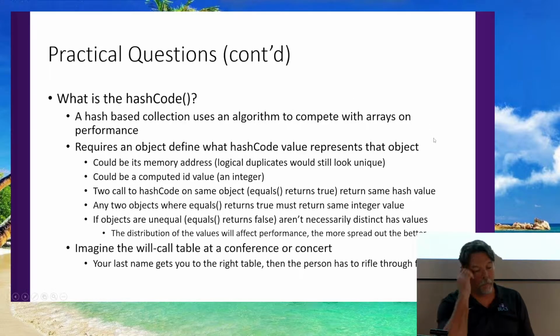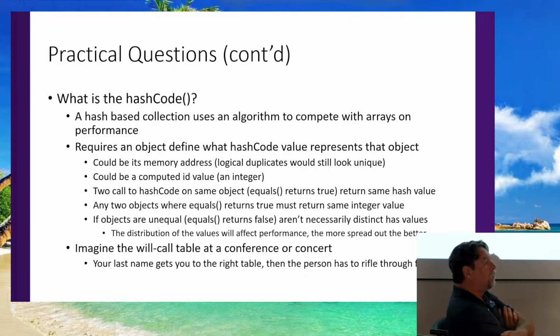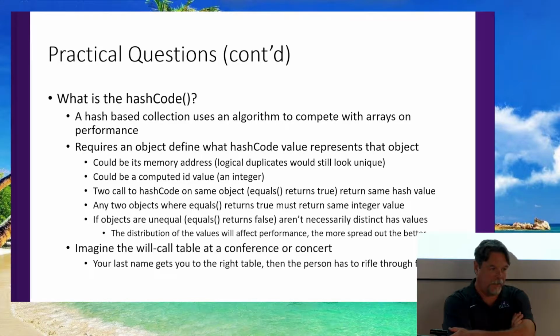And another tool that we have that's related to the same problem is the hash code. So you will be asked in an interview at some point, what is a hash code? And why is it important? So people like the performance of arrays, but they like the flexibility of collections.